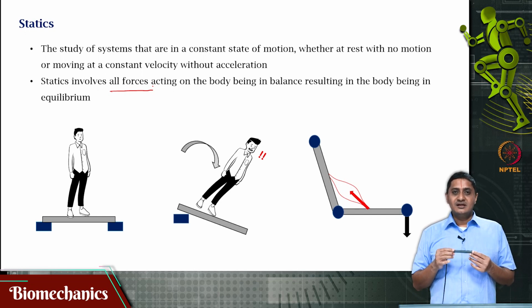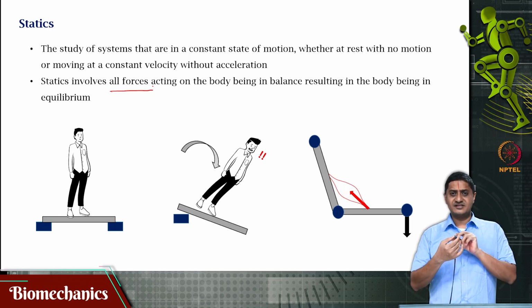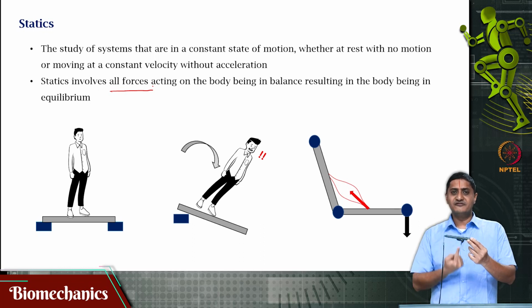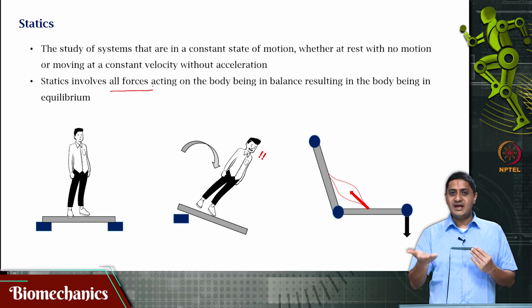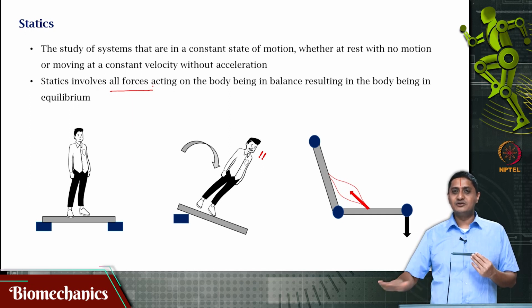Also, it can undergo rotations about each of these three. So, it can, for example, rotate about the vertical axis like this, or in the plane that is parallel to the ground or the floor of this room.